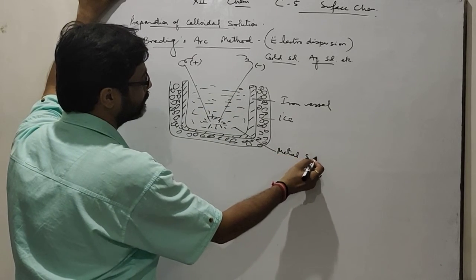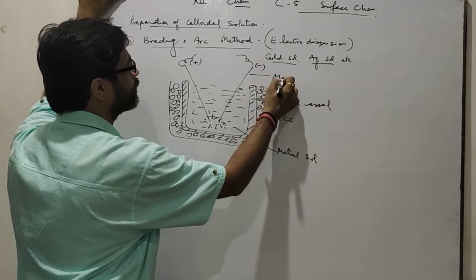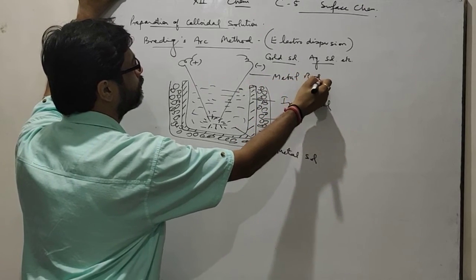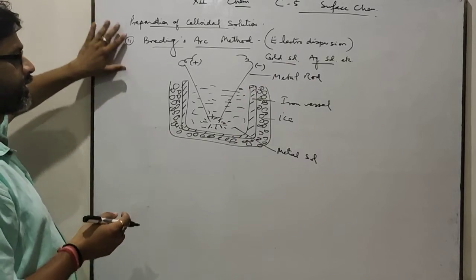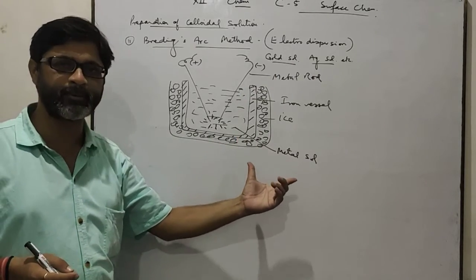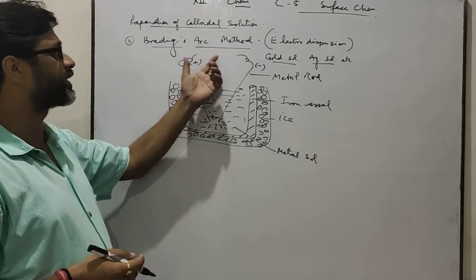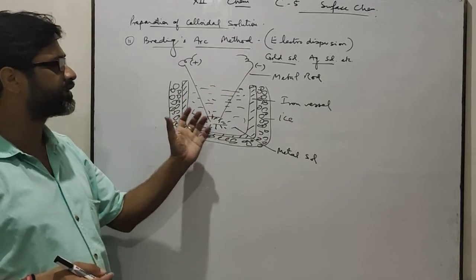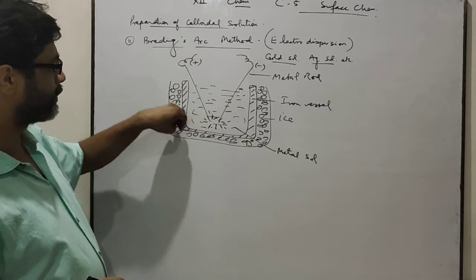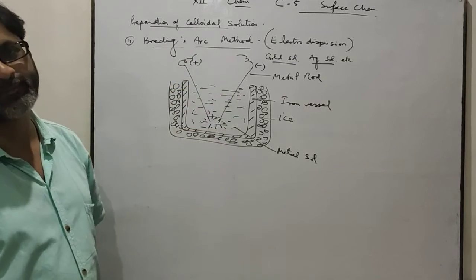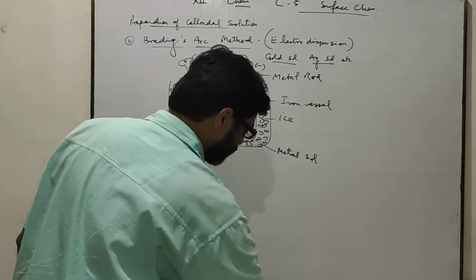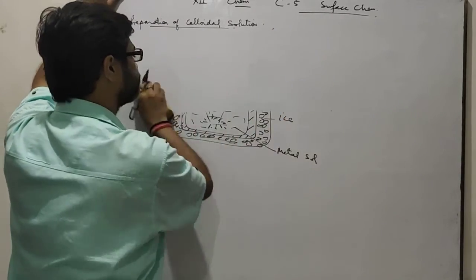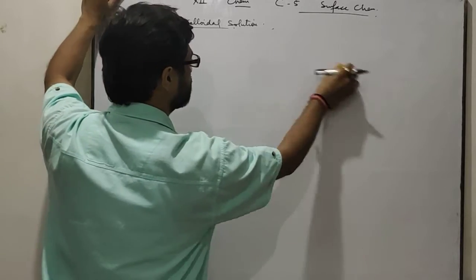Metal rod on striking produces colloidal solution of that metal. This is Bredig's arc method, or you can say the electrodispersion method. In this method, metal sol is prepared.